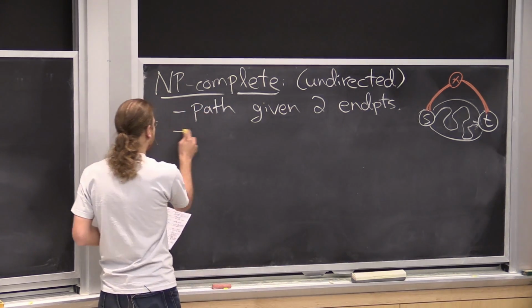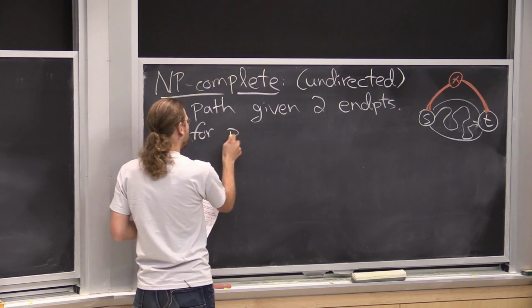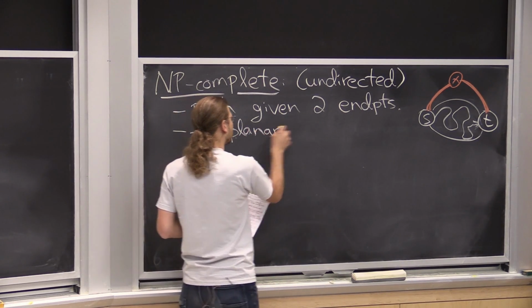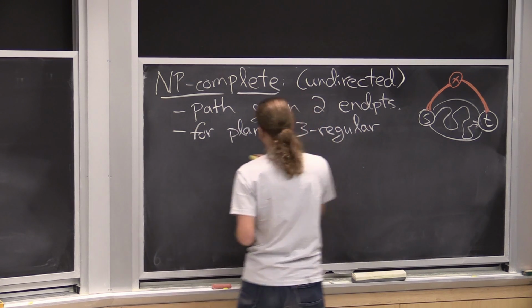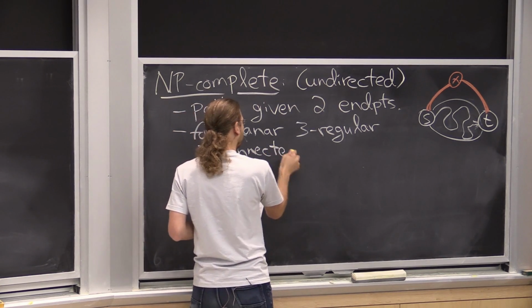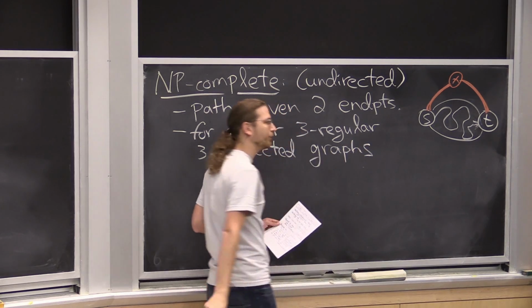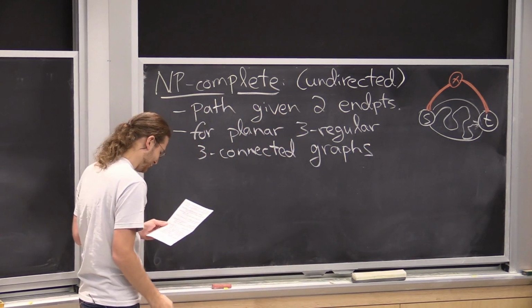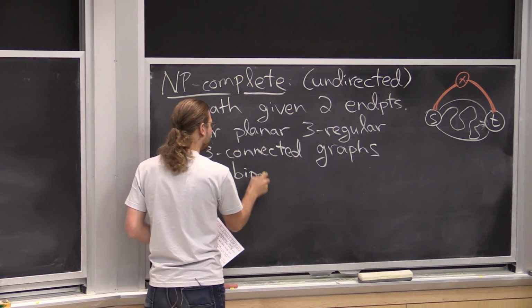Easy warm-up. It's also NP-complete for planar 3-regular, 3-connected graphs where every face has degree at least 5, but I won't bother writing that down. It's NP-hard for bipartite graphs.